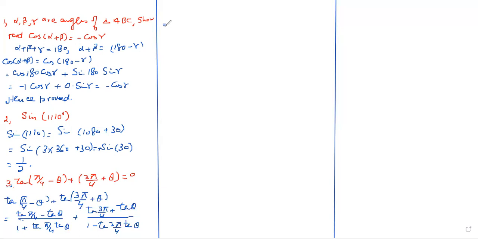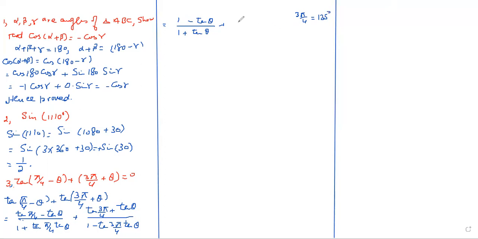So the first part is 1 minus tangent theta divided by 1 plus tangent theta, because tangent pi by 4 is 1. For the plus sign, 3 pi by 4 equals 135, so tangent 3 pi by 4 is minus 1.